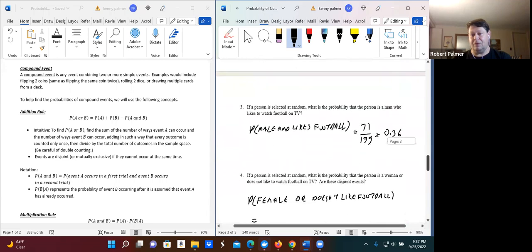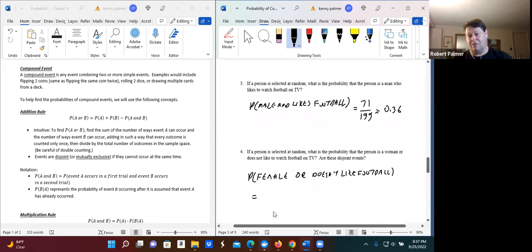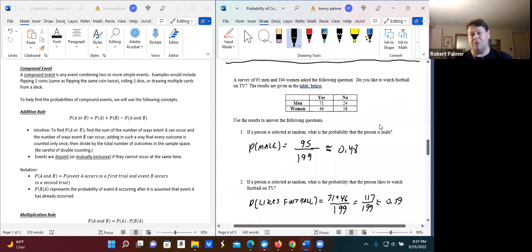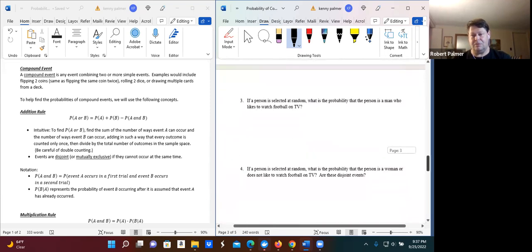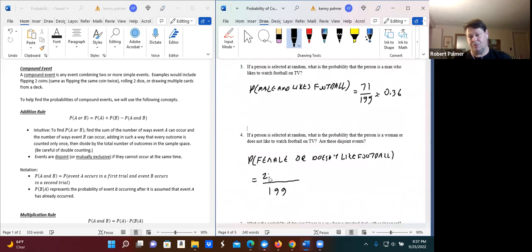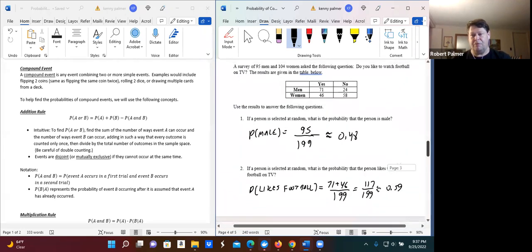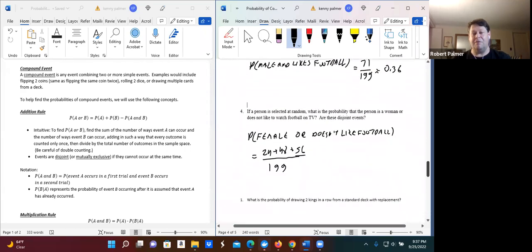And so if we do that, then once again, out of the total number of 199, we have those three entries. So 24, 58, and 46. Let me make sure I got those numbers right. 24, I'm sorry, 58, not 48, 58. 24, 58, and 46.